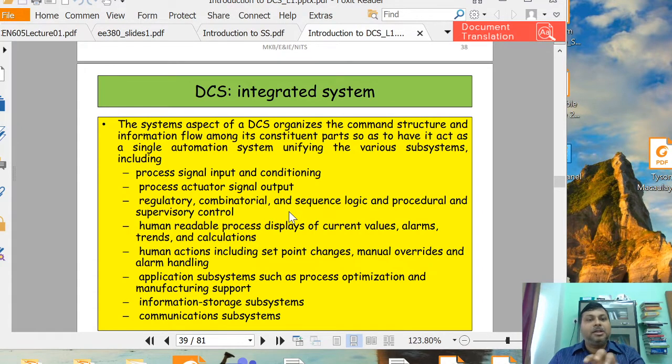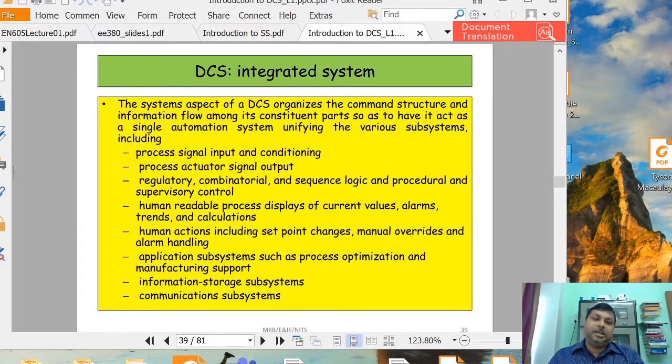So all these subsystems will be integrated in a DCS.